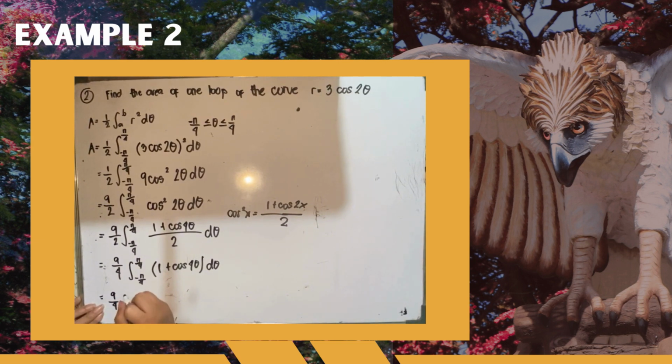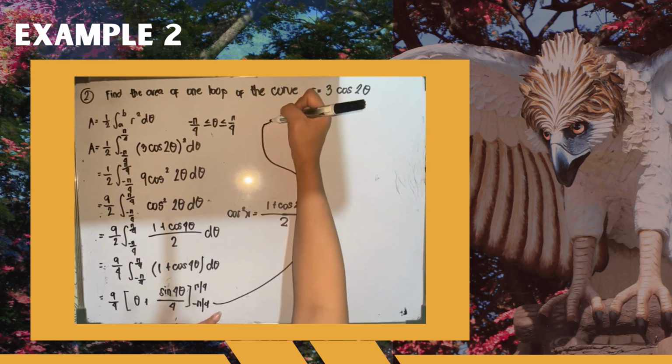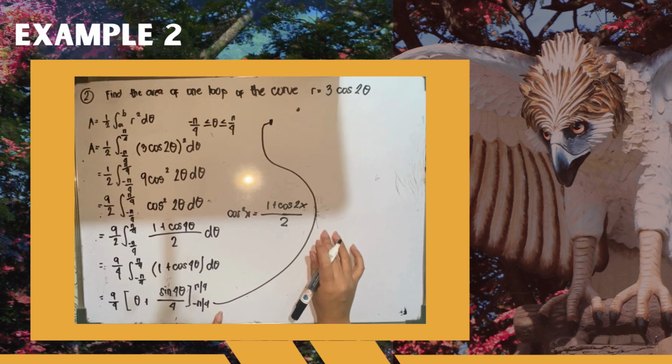So it becomes 9 over 4 times theta plus sine 4 theta all over 4, from negative pi over 4 to pi over 4. And now we have to substitute the limit, since sine pi is equal to 0.